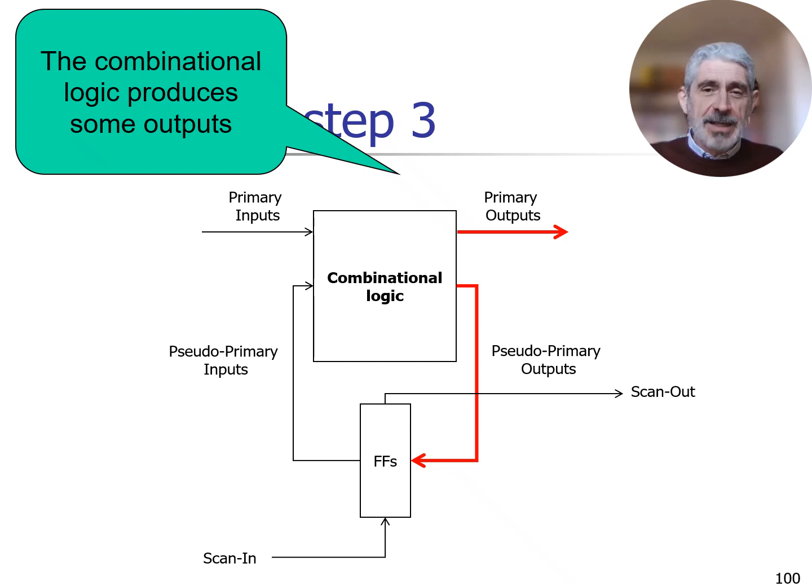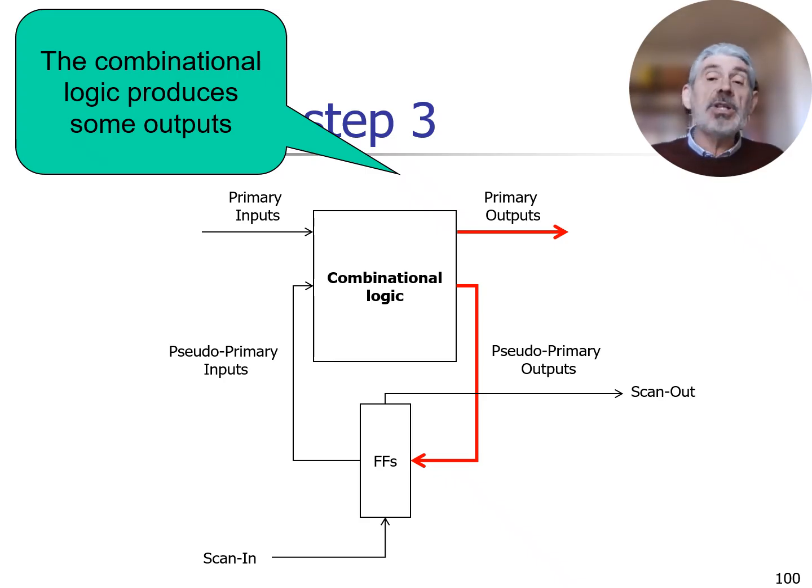At this point, the combinational logic will produce some values that may produce some observable differences created by the fault on the primary output. In that case, the fault is detected, full stop. Or in the more general case, these differences created by the fault will be visible on the pseudo-primary outputs only.